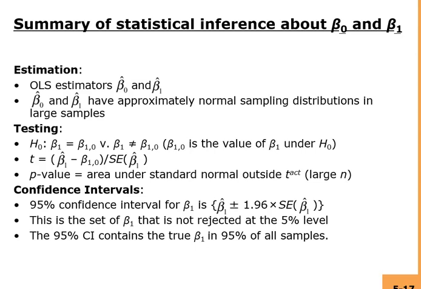We can also calculate the t-stat given this formula, and the corresponding p-value of the t-stat. We can once again calculate confidence intervals, 95% confidence intervals, 99% confidence intervals, and any sort of confidence interval. Only this 1.96 will change to 2.58, for example, in the case of a 99% confidence interval.